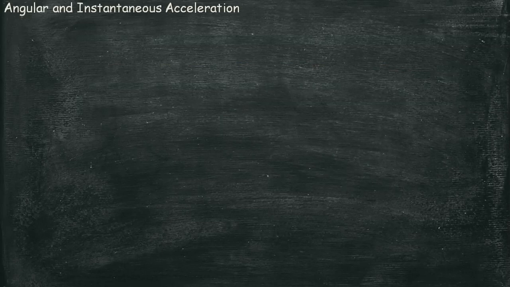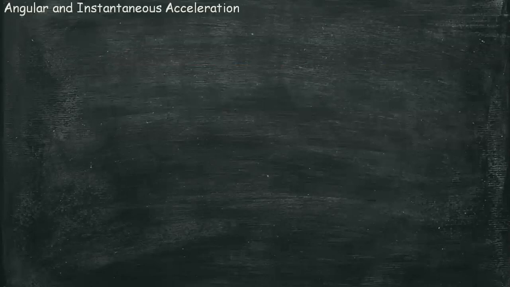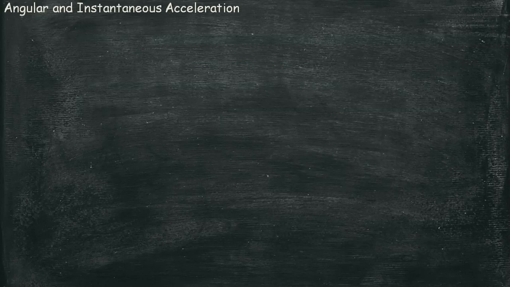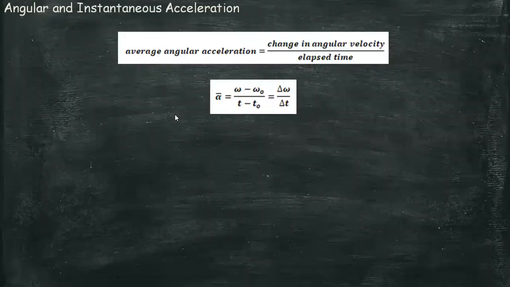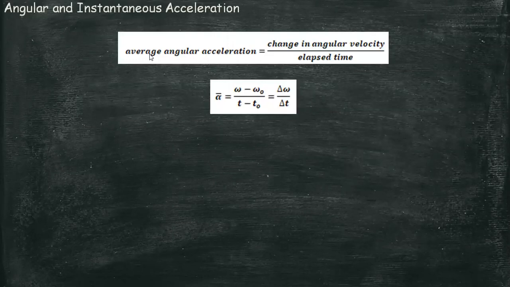So angular acceleration refers to slowing down or increasing its speed. We will define average angular acceleration as the change in angular velocity divided by elapsed time. Or in simple terms, alpha equals delta omega over delta t.